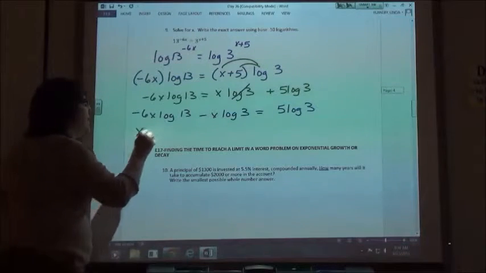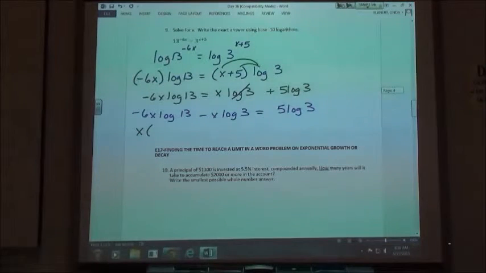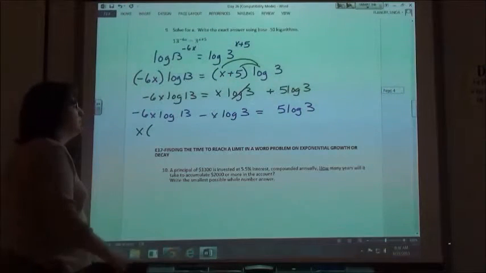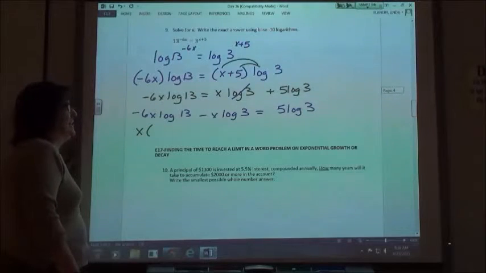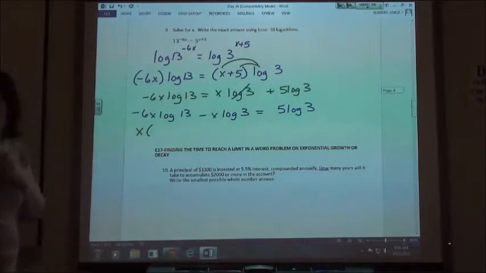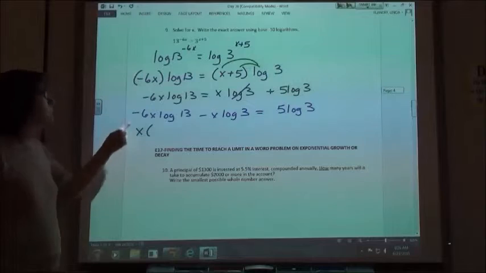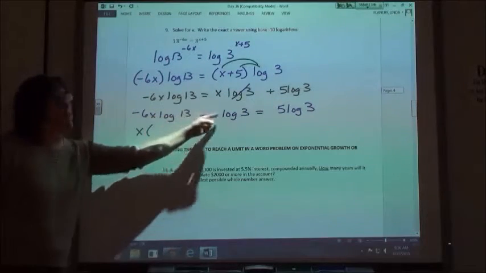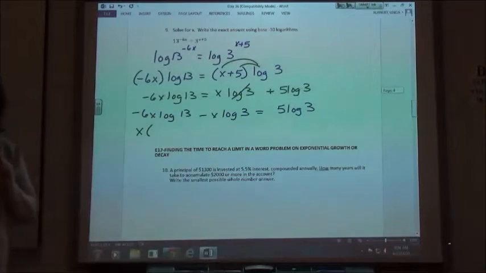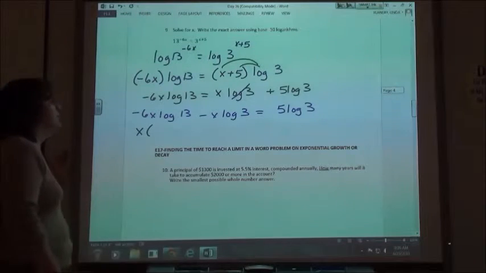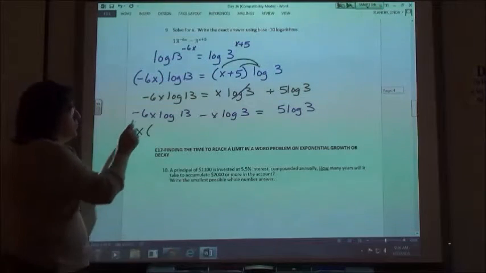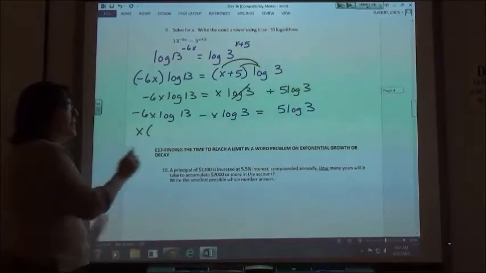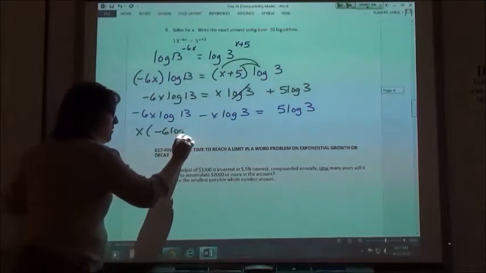So we're going to make it x times, and in parentheses, what should we have? We're taking the x out of these two terms. So we're going to have x times log 13, negative 6.